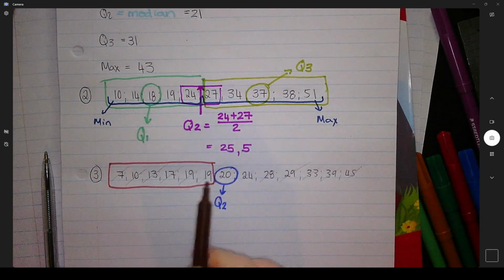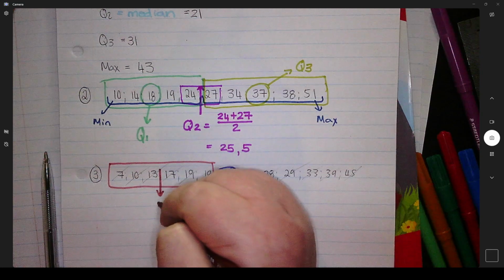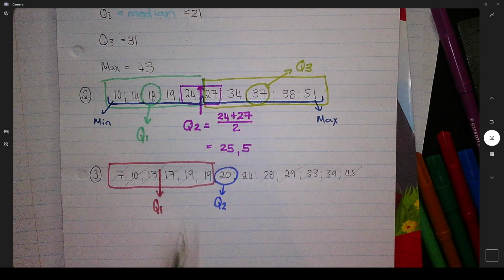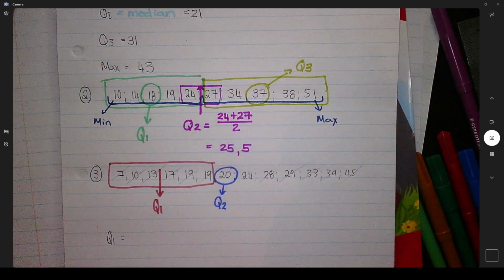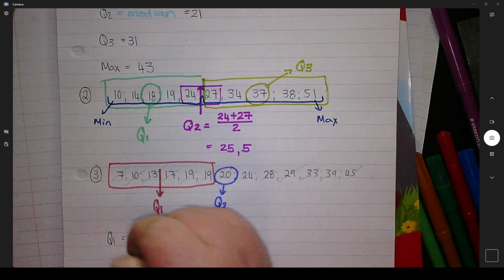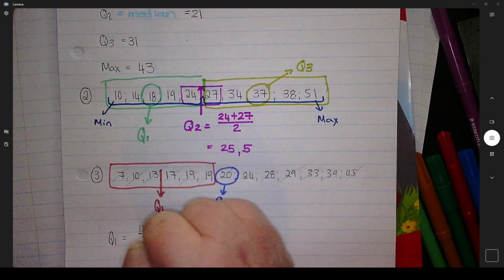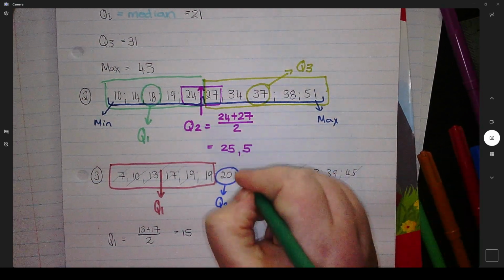There are 6 numbers here, which means that quartile 1 is going to be exactly between 13 and 17. So, to find the number that is exactly halfway between 13 and 17, we add 13 and 17 together and divide the result by 2. That is going to give me 15. Alright, similarly, this is our upper half.